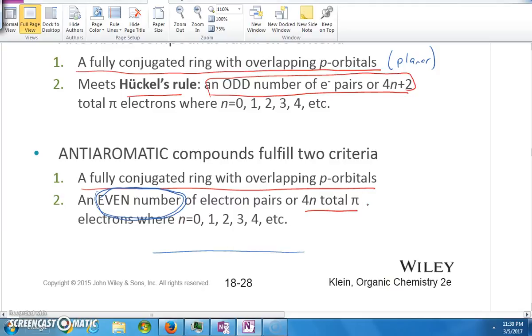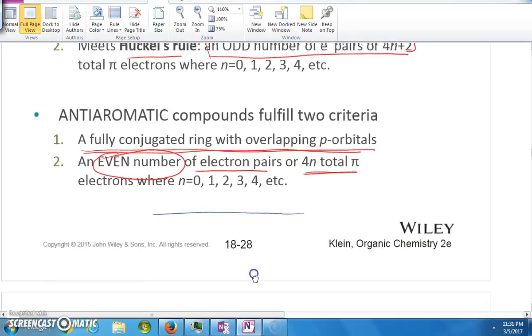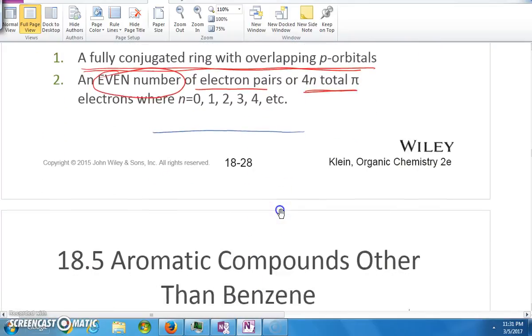Notice that with anti-aromatic compounds, even though they may be fully conjugated with overlapping p orbitals, they have an even number of electron pairs, or 4n total pi electrons, where n is a whole number or 0. Make sure you know the difference between the two.